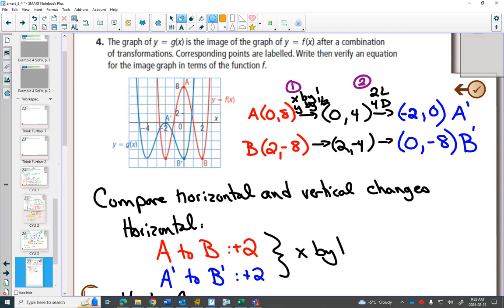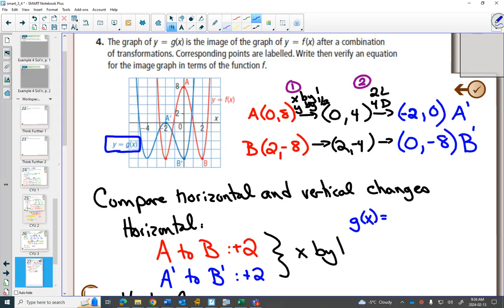So I'm going to write it here in blue because my equation is blue. The graph is labeled g of x, so I can either write y equals or g of x equals. You're technically allowed to write either y equals or g of x equals because this is labeled on the graph. G of x is equal to, what do we have?